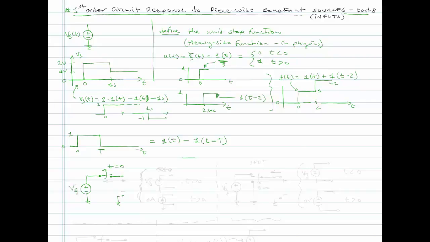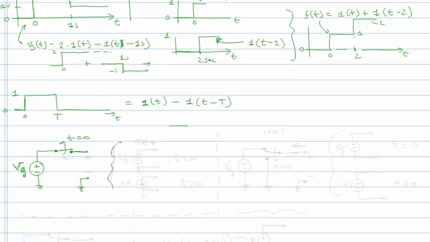So let's call this VG, just some voltage here. This actually comprises two different circuits. When time is less than 0, what we have is just the voltage source, VG. That's when t is less than 0.